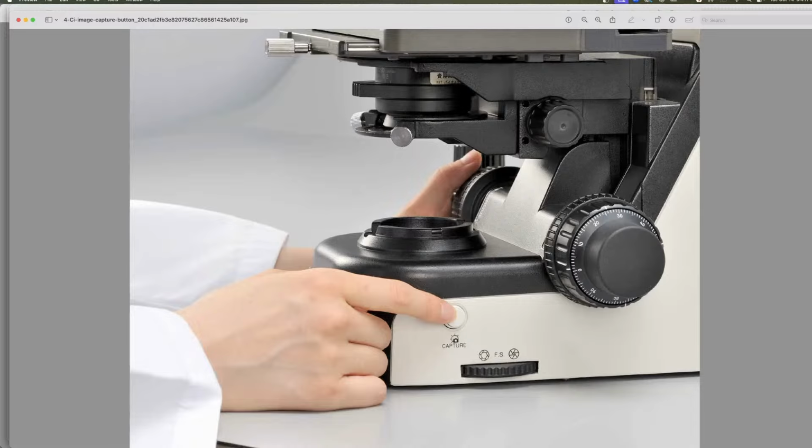So it works this way. I'm going to have to do wild hand gestures here to make this make sense. There are two image forming processes that go on within a compound microscope. There's the one we're familiar with, which is the illumination that passes through the microscope and gives us the image.